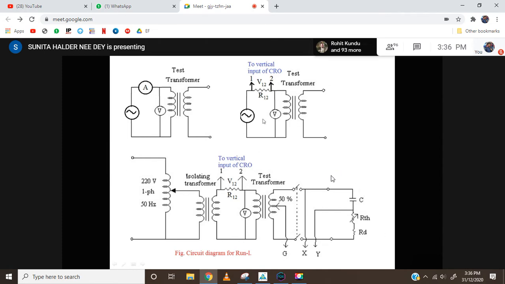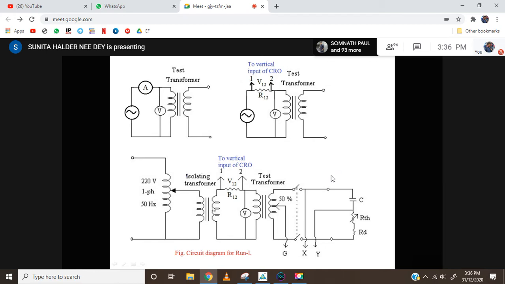So this is the test transformer. This circuit is actually what we need. This switch is open, that means this circuit is not required for the run. Along with this test transformer, there is one isolating transformer through which it is connected to the source through a variac, because we want to change the energizing voltage, so we need a variac.